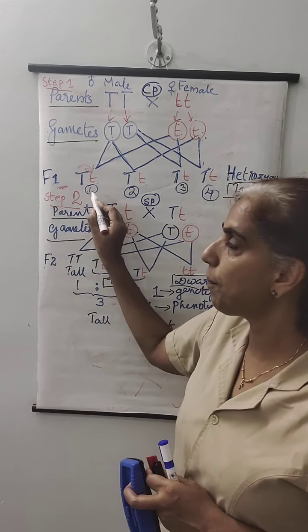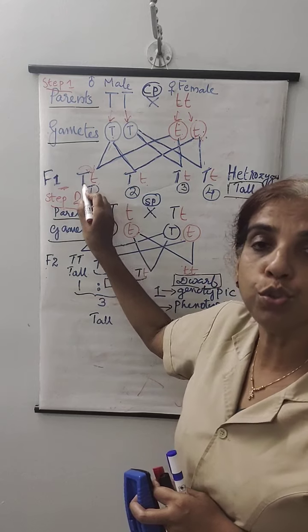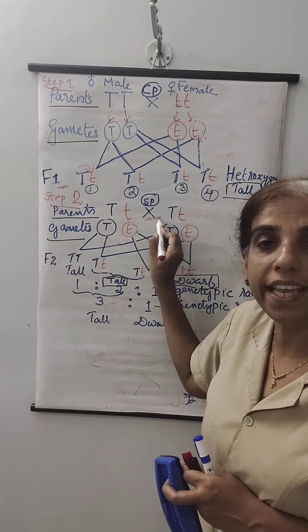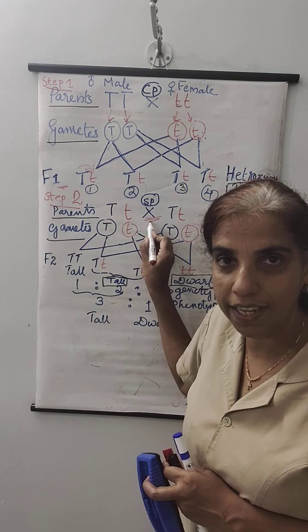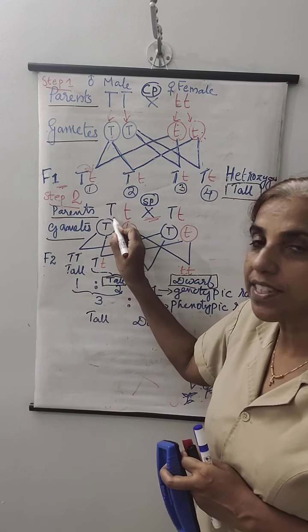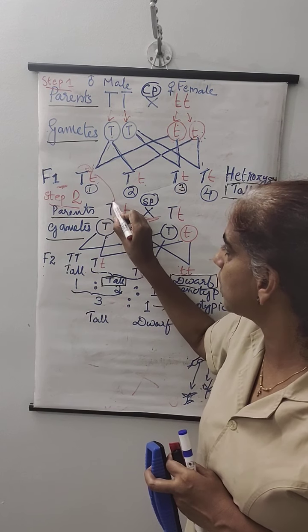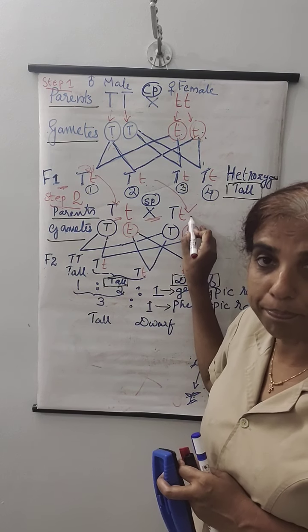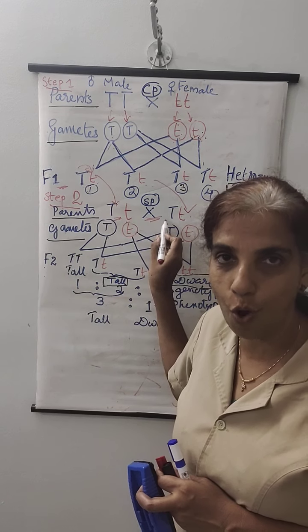In the second step, what he had done is that he took two F1 plants and self-pollinated. He did not go for cross-pollination, self-pollinated. Look at that. The first parent, capital T small t, and the second parent can be this plant. So two plants are heterozygous tall.